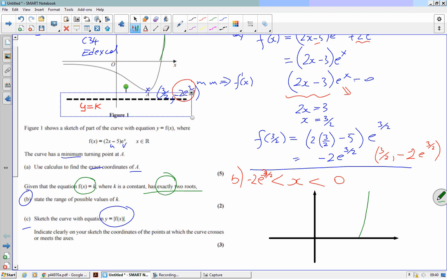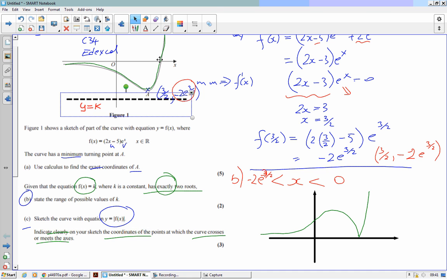But the rest of this part here is going to be reflected. So it's going to do that with a maximum now and an asymptote there. And that's it, but don't forget, it says indicate clearly on your sketch the coordinates of the point at which the curve crosses or meets the x-axis.